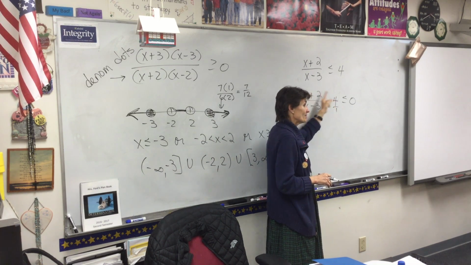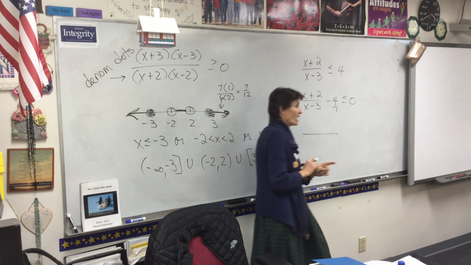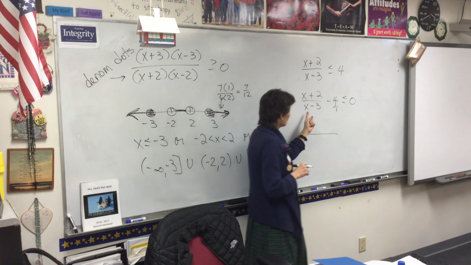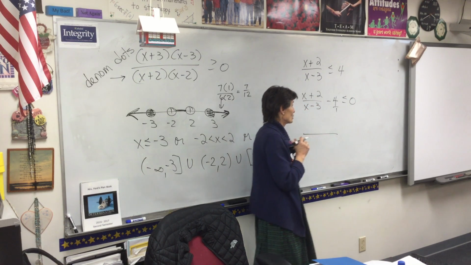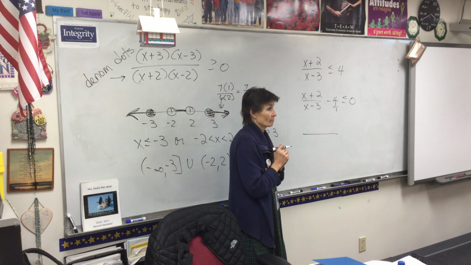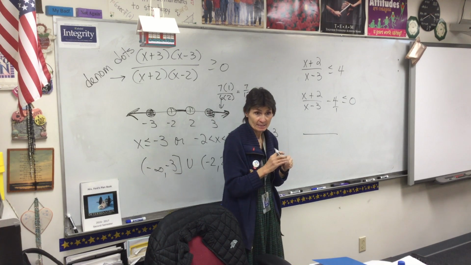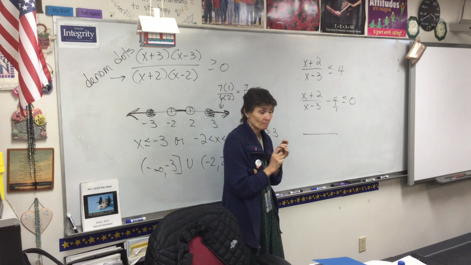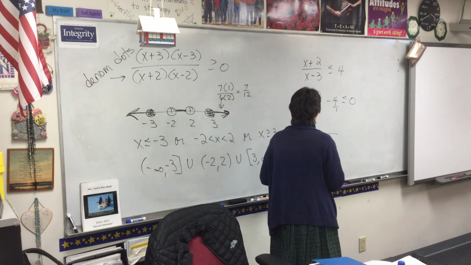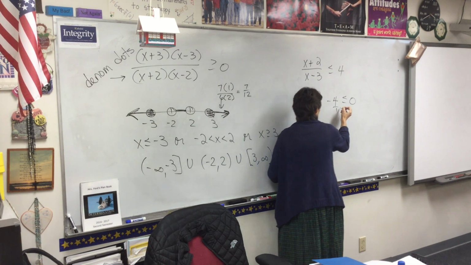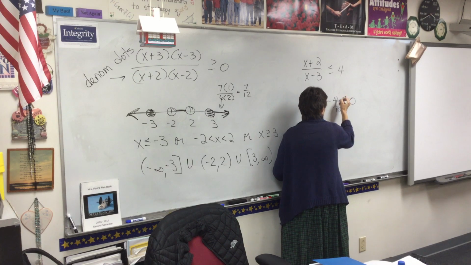I need to combine that into one giant fraction. How do I subtract fractions? Find the common denominator. Isn't that the way I subtract fractions? So my common denominator will be x minus 3.